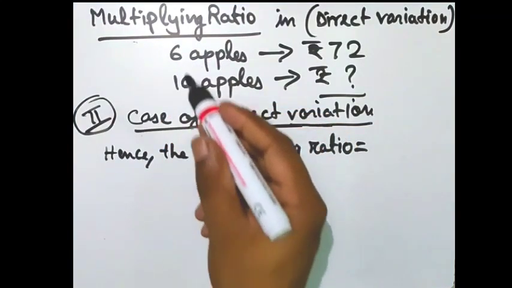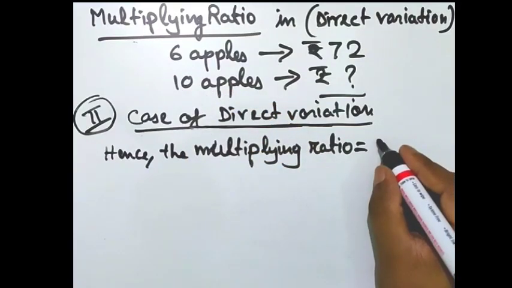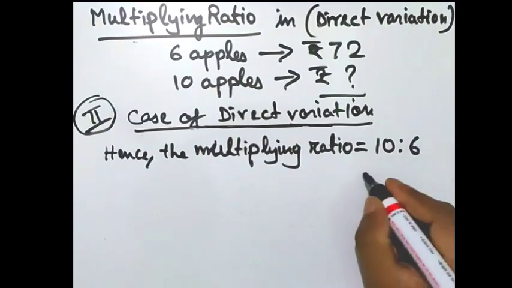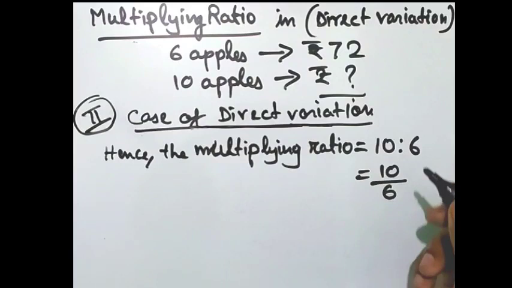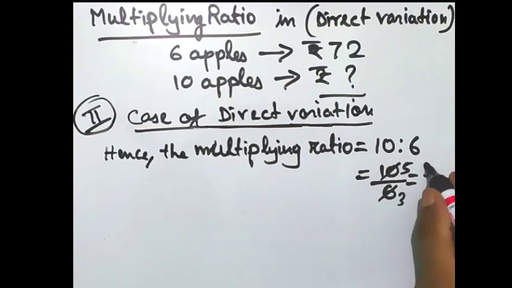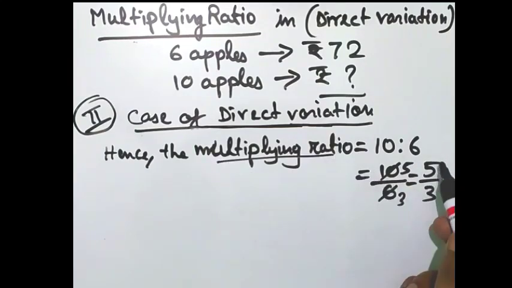So what is the inverse of the ratio? It will be 10 by 6. You can solve it out: 2 3s are 6, 2 5s are 10, so that will be 5 by 3. So this is the multiplying ratio here, 5 by 3.